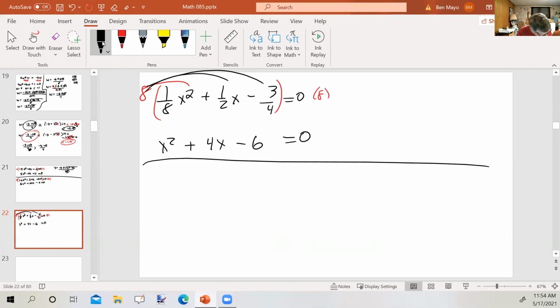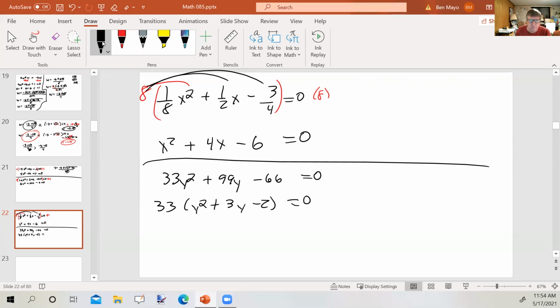Let's say you've got this situation: 33y squared plus 99y minus 66 equals 0. Well, here you could factor out a greatest common factor. That's a constant, and that would be a 33. 33 times y squared plus 3y minus 2 equals 0.